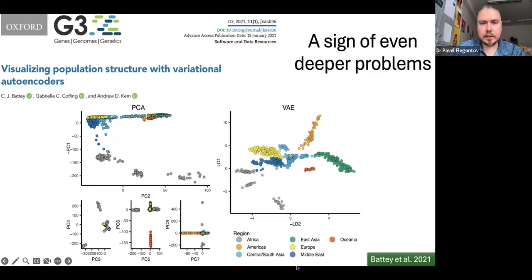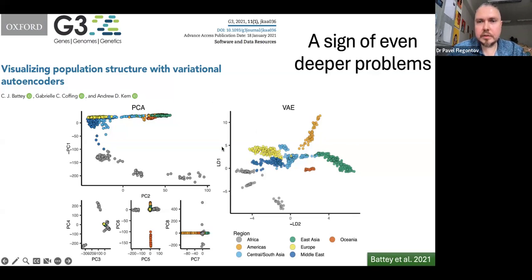So individuals are colored by continents. And they also show biplots for other PCs here. And of course, this arrangement doesn't resemble the geography of our planet. It resembles it only in a very vague way.